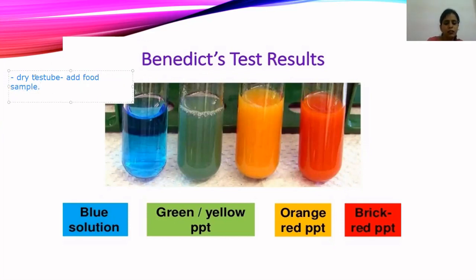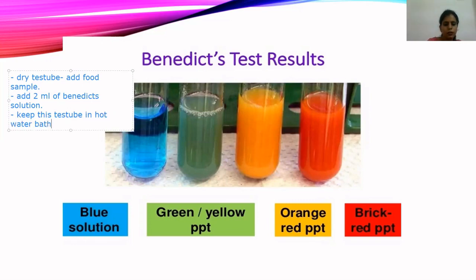Then in that food sample add 2 ml of Benedict solution. Now keep this test tube in a hot water bath for 5 to 10 minutes.